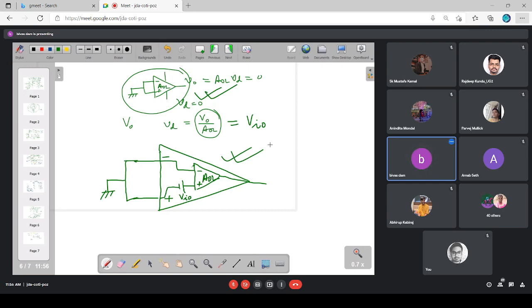But to give some mathematical reasoning for the available non-zero output voltage in this particular case, where the two input voltages are at the same potential level, that is zero, we are visualizing the practical operational amplifier as a combination of one ideal operational amplifier and one fictitious voltage source VIO.